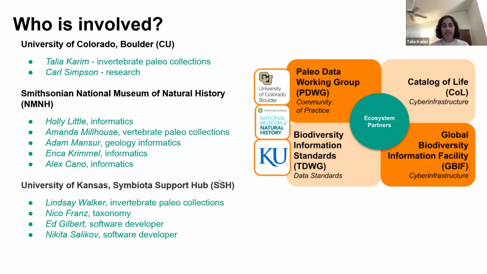Okay. So this is who's involved in the project. These are all the people involved. It's a collaborative project between University of Colorado, Smithsonian, and University of Kansas, specifically the Symbiota Support Hub.